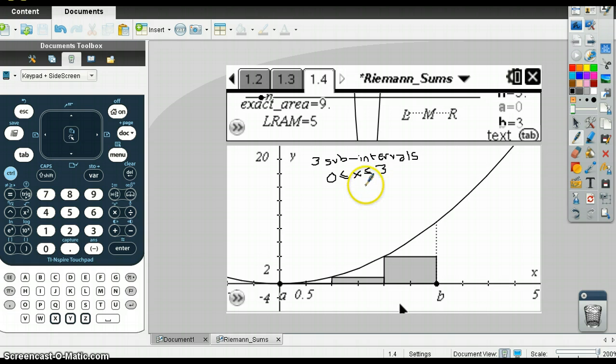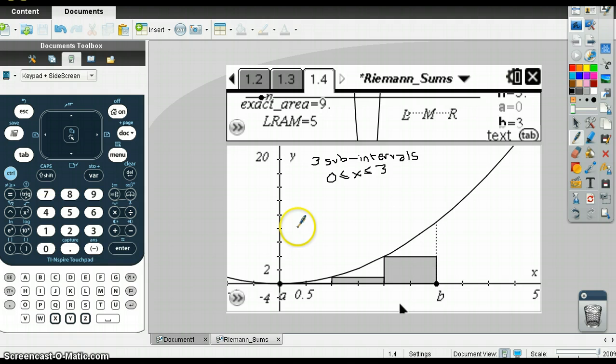It's very easy with this because it's just going to be a rectangle with a width of 1. So if you look down here, I've already got it set up. My n is 3, so it's the number of rectangles, the number of subdivisions that I want. I'm using left-hand method, and my interval is from 0 to 3. So if you look here, the first rectangle looks like it's non-existent, and that's right, because the left-hand approximation method is where I start on the left side of my interval.